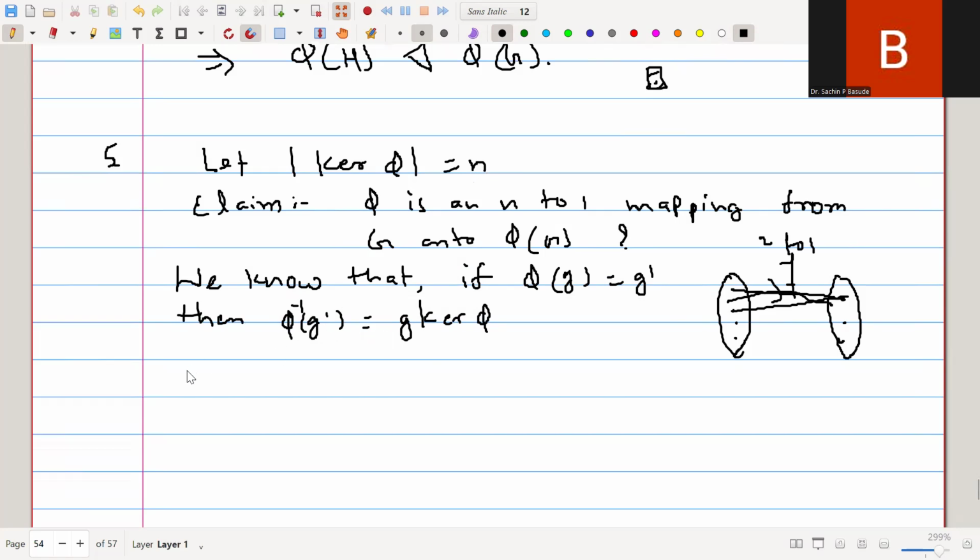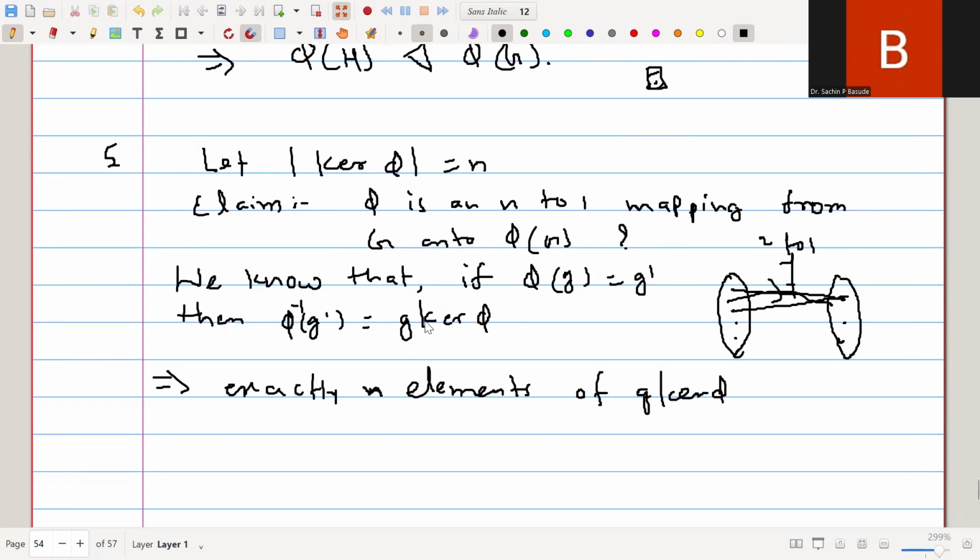So this implies exactly n elements of G kernel phi. See here, for kernel of phi, there are n choices.